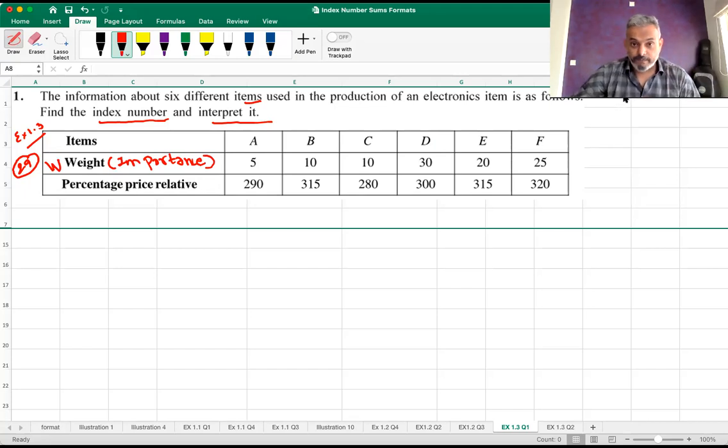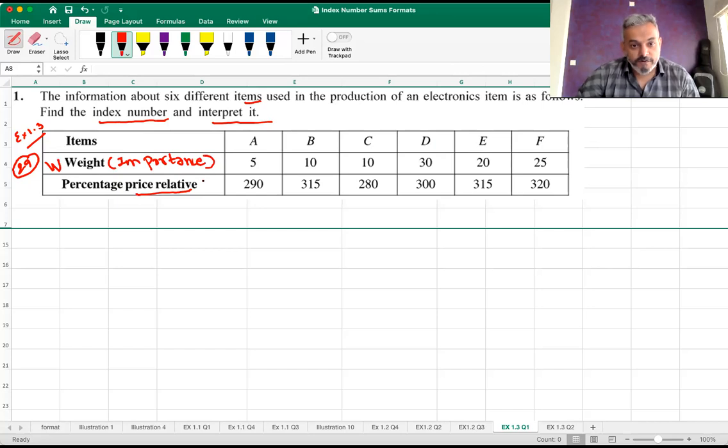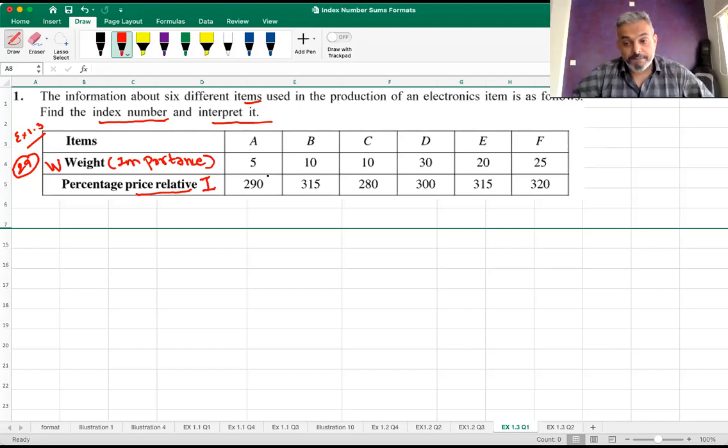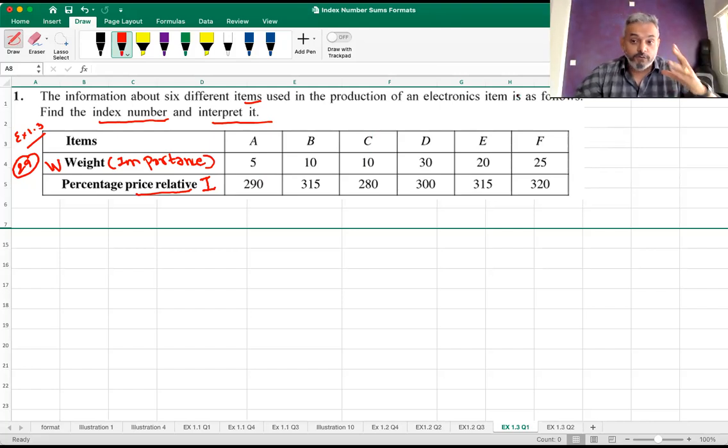Can you tell me? Yes, percentage price relative is index. Please note, those who don't know, write in your notebook that another name for index number is price relative, otherwise in the exam you will scratch your head. It was in the first lecture: price relative is a comparison between prices of 2 different years, that is our index, price of current year with reference to some base year.